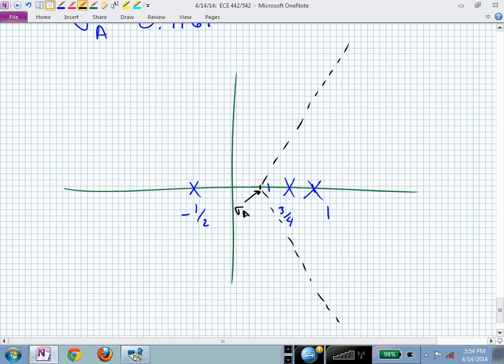That means branches of my root locus need to approach those asymptotes. How are they going to start getting there? Now you're applying rule 1 and 2, right? Which segment of the real line belongs to the root locus?